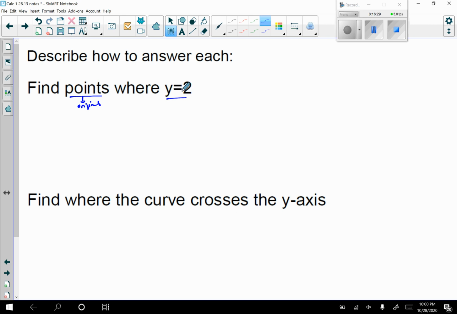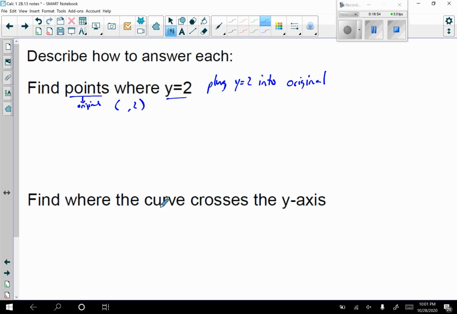So where y equals 2, you want to find points like something comma 2. Use the original equation. Plug a y value of 2 into the original. If you plug y in, you'll get the x. That's what we need to know how to do to solve that one.